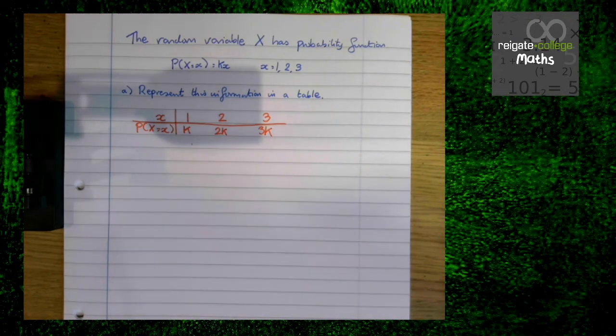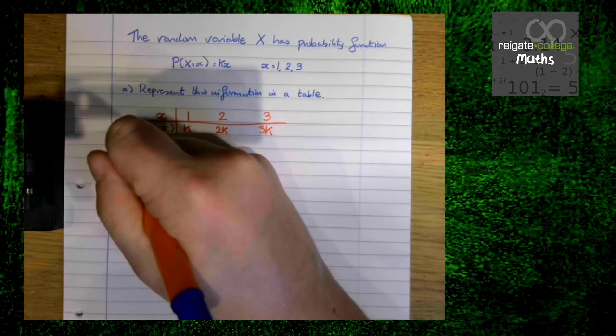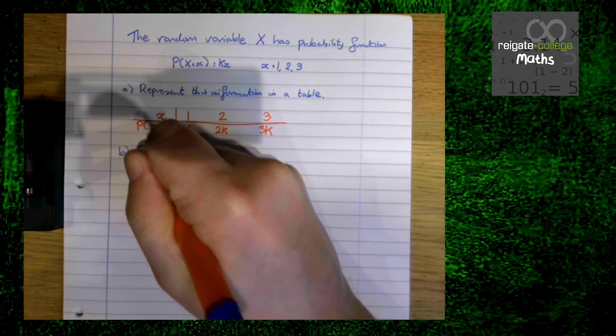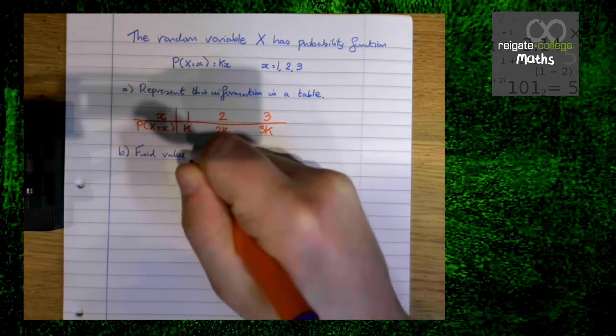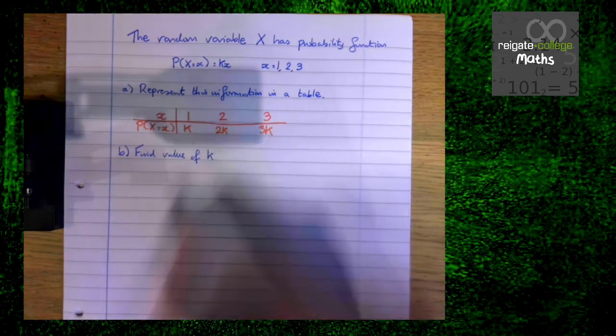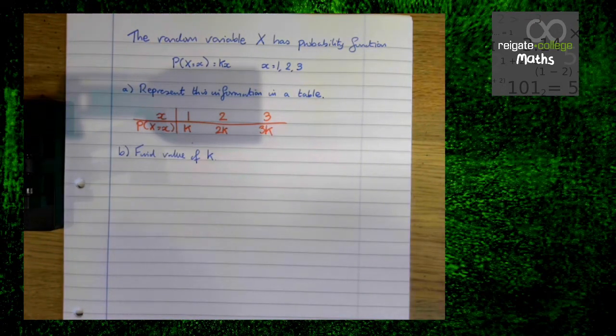What we're going to do in part B is use this table to find the value of k. And this relates to the information that we saw in the previous example.